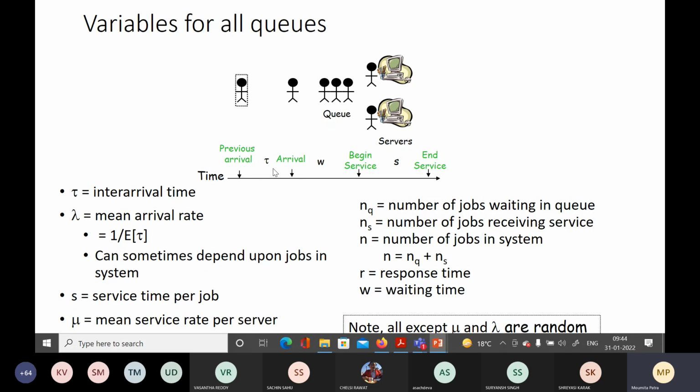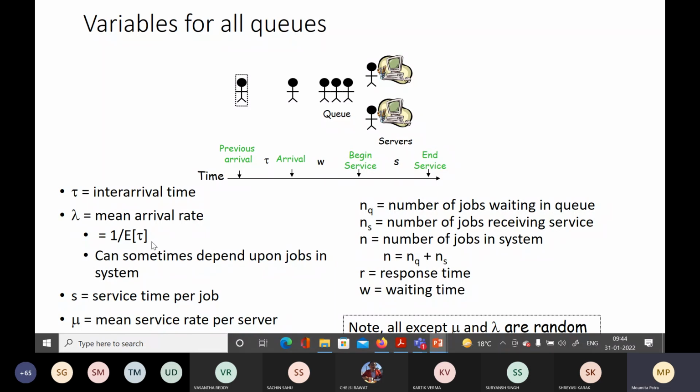We represent the mean arrival rate as lambda, which is equal to 1 by E of tau, the expected value of tau.